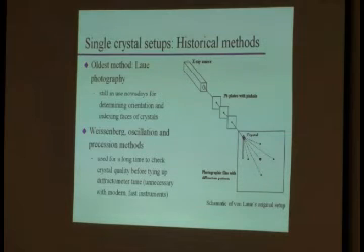Because that data set could take you a week, 2 weeks, 3 weeks to collect. You can imagine that other people at your institution would be rather upset if you tied up the diffractometer for 3 weeks just to find out, oh, I should not have collected on this specimen to start with. Okay? Nowadays, where it is a day, people don't really care. Okay? 3 weeks, people do care.